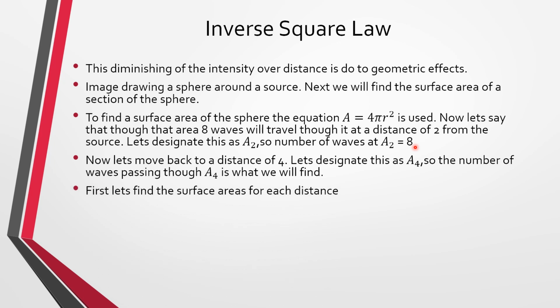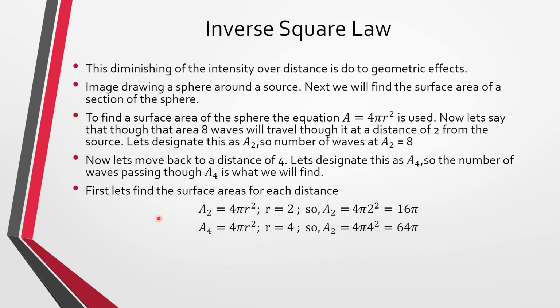First, let's find the surface areas for each distance. We'll find A2. R, the radius, is just the distance from the point source, and we'll make that 2. Plugging into the equation, 2 squared is 4, times 4 gives 16 pi as the surface area at a distance of 2 meters.